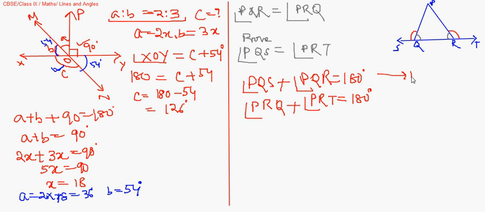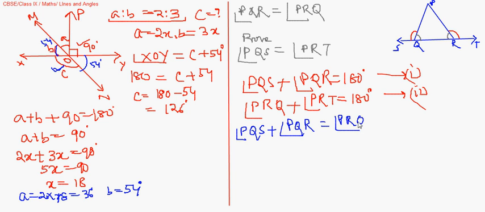The right hand sides are equal in both these equations I have got. So I can equate the left hand sides, thereby making PQS plus PQR equal to PRQ plus PRT. Right?